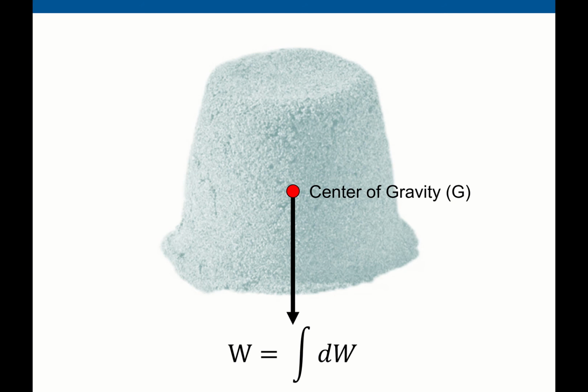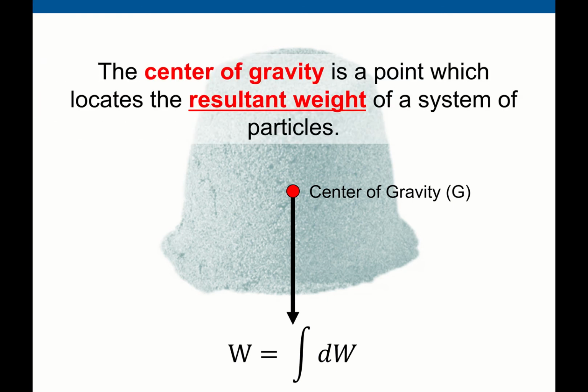We can add up all the differential weights, and that is the weight. So the center of gravity is the point on the line of action where the total weight, the resultant weight, acts. Here, we don't know where the center of gravity is yet, but we can assume this is where the resultant force acts on the line.